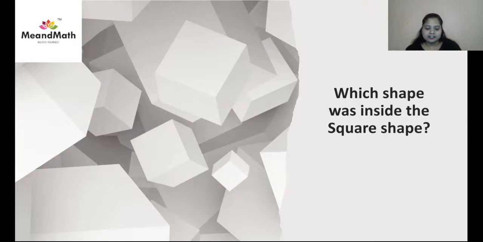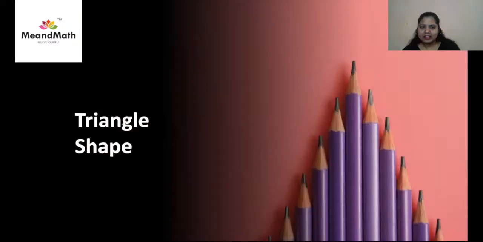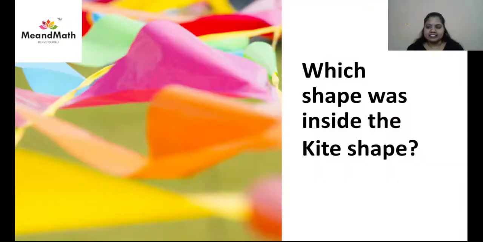So the answer, we'll see who answered for the second one. Quickly type in the answers. Correct. Triangle shape. Okay. Very nice of all of you to answer. Anusha, very good. Triangle is the correct answer.